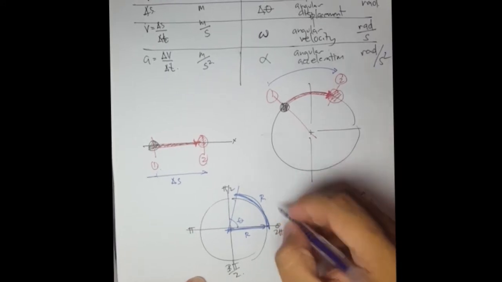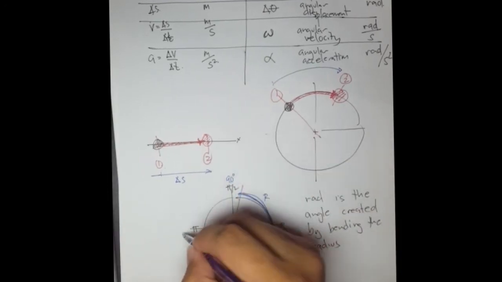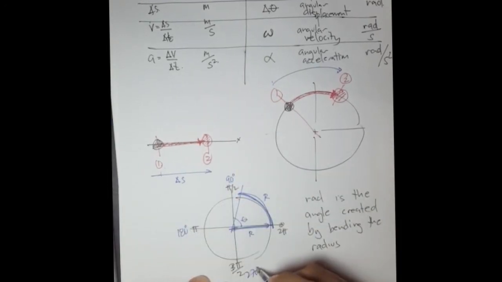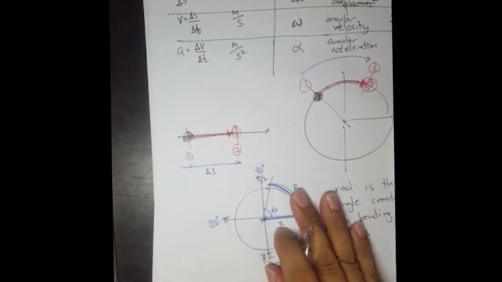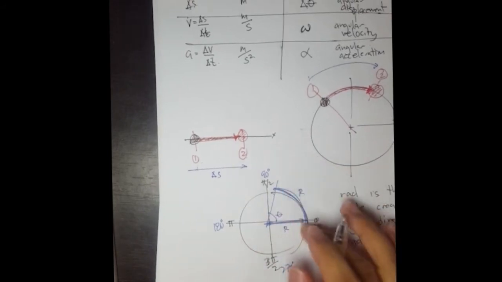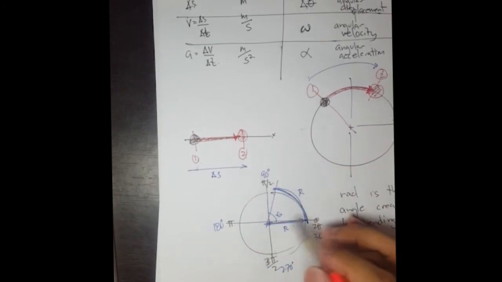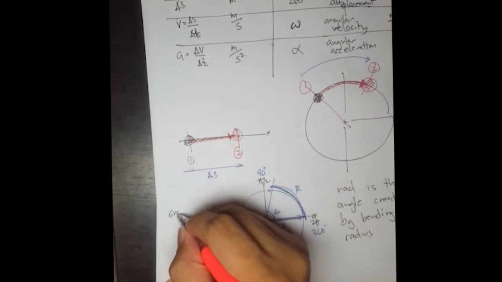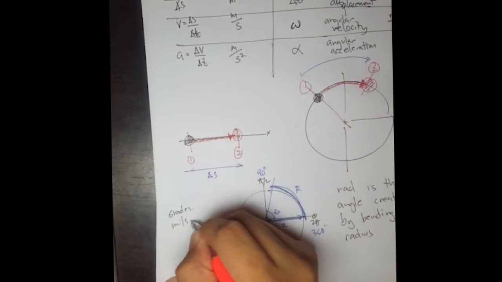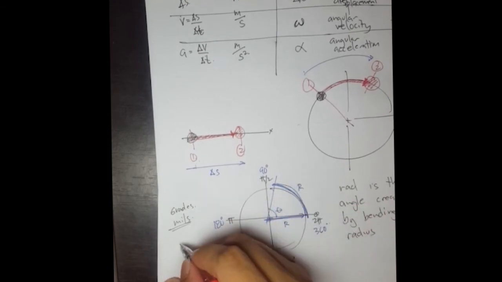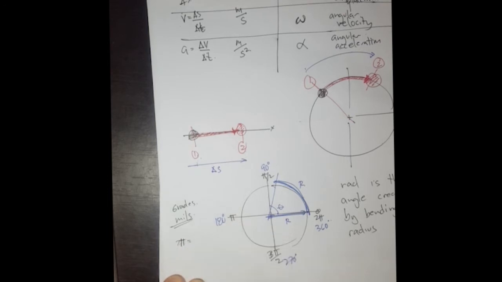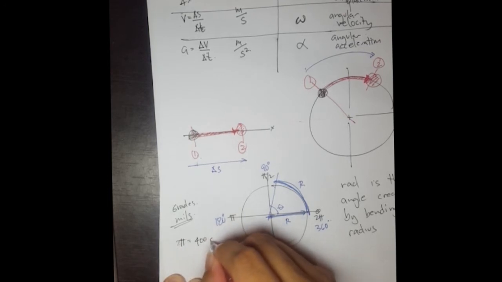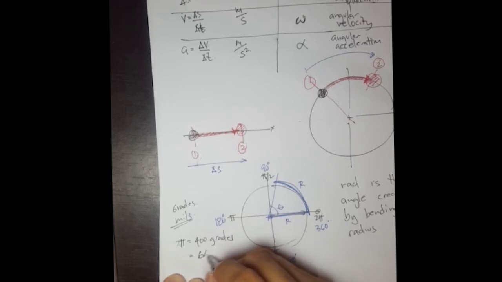In terms of degrees, this is 0 degrees, 90 degrees, 180, 270, and 360 degrees. It's also worthwhile to mention that there are other units for angular measurements. There are also grades and mils. If I remember correctly, 2 pi is 400 grades, and for mils, it's 6,400 mils.